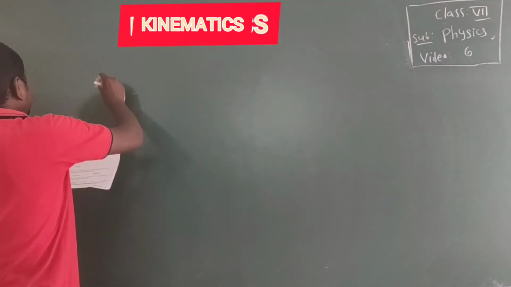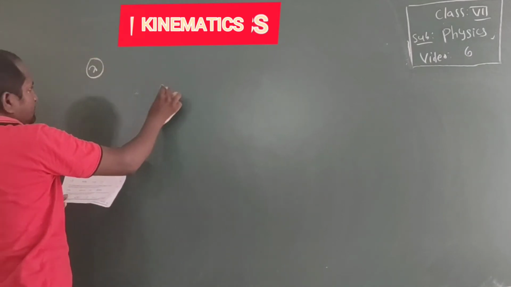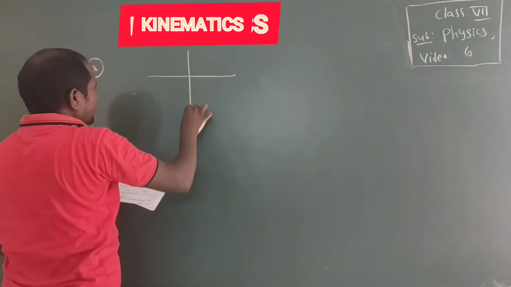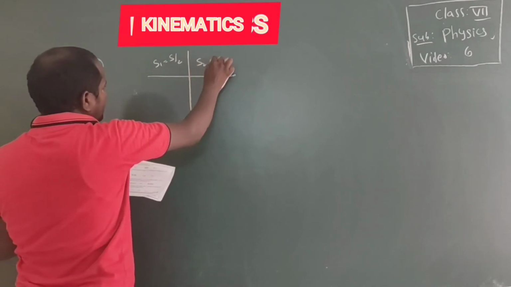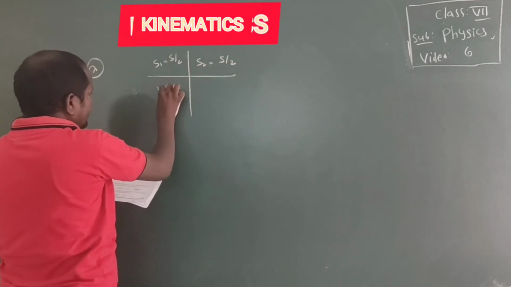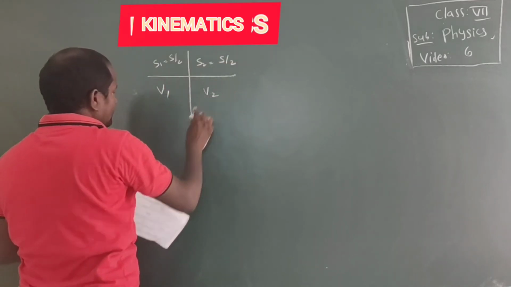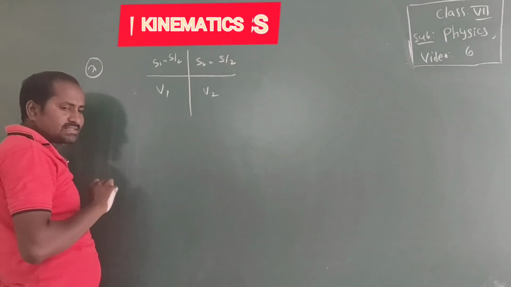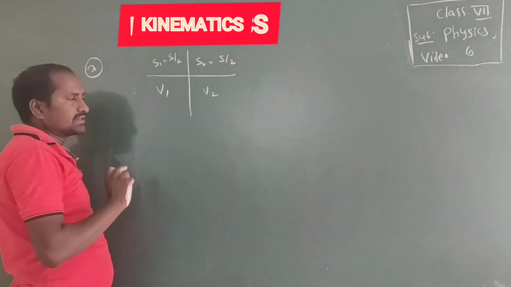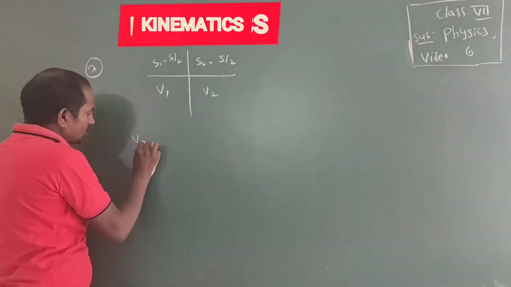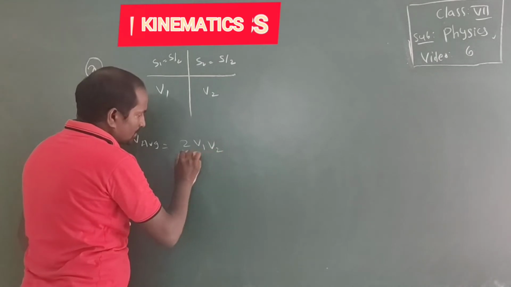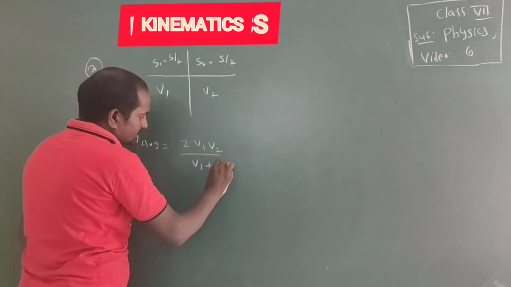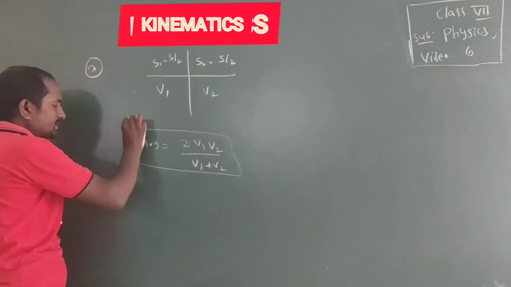If a body covers two equal distances with two different speeds, s1 equal to s by 2 and s2 also s by 2 with different speeds v1 and v2, then average speed v average equal to 2 into v1 into v2 by v1 plus v2.